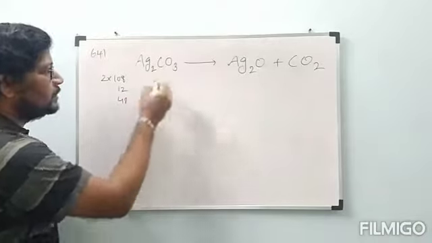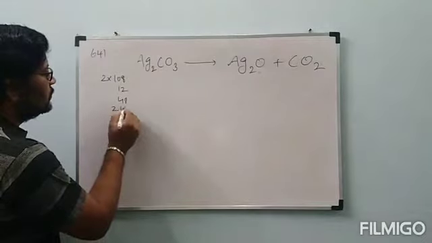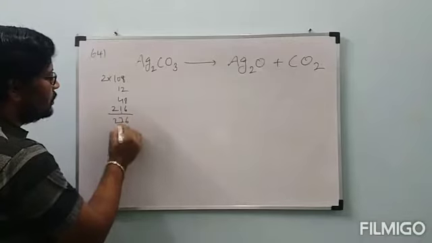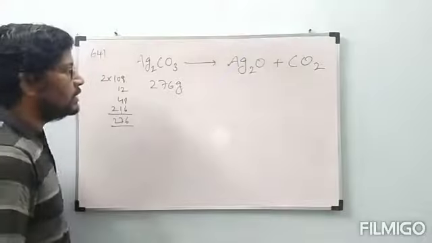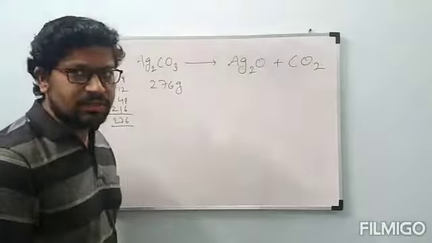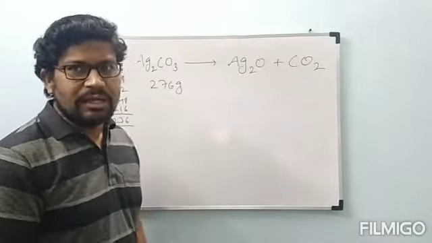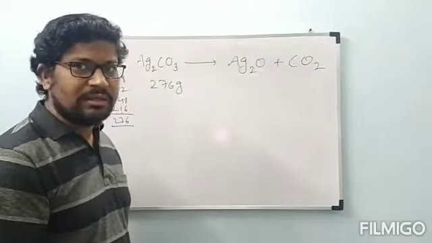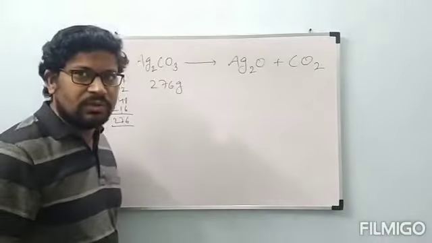Oxygen 3 into 16, 48. 2 into 108 is 216, plus 12, plus 48, that is 276 grams. 276 grams of Ag2CO3 will give Ag2O. Residue means Ag2O here. CO2 is a gas, it will be expelled out. If they ask a question related to CO2, we can consider that one also. But here they relate Ag2CO3 and Ag2O.